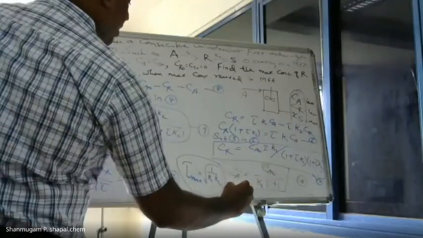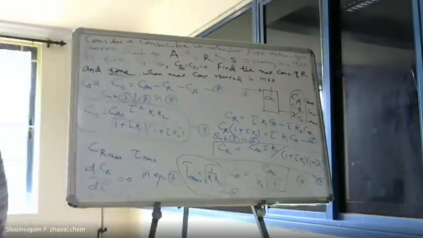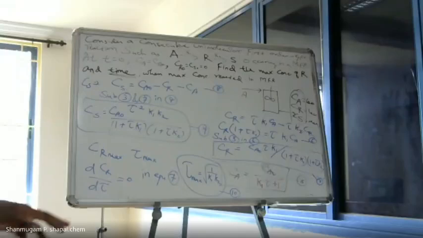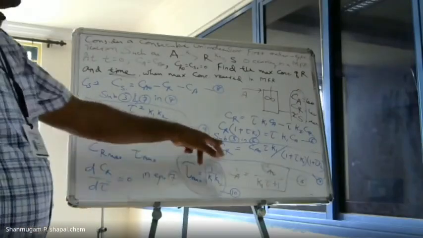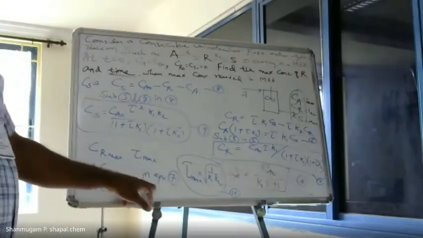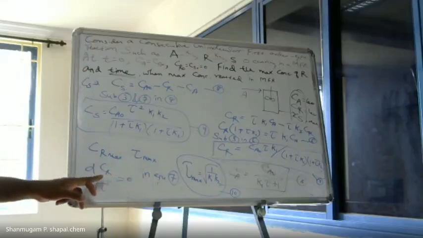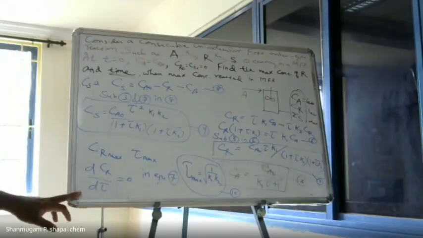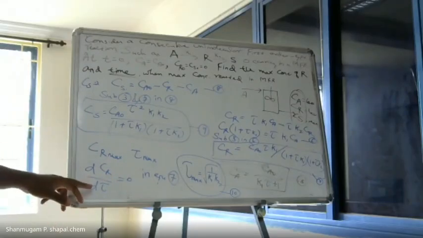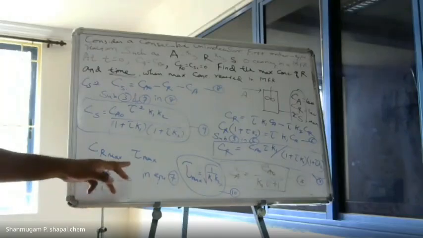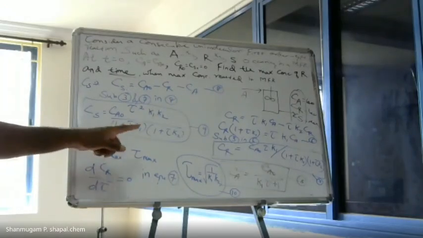This is 10. So if you differentiate equation 7 with respect to tau, dCR by d tau equal to 0, because you want to find the maximum point.